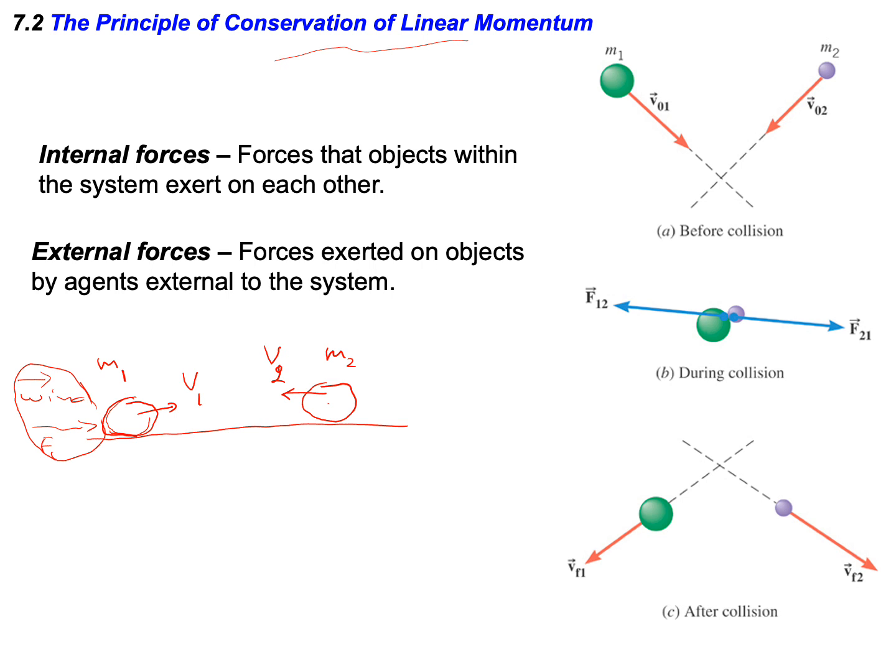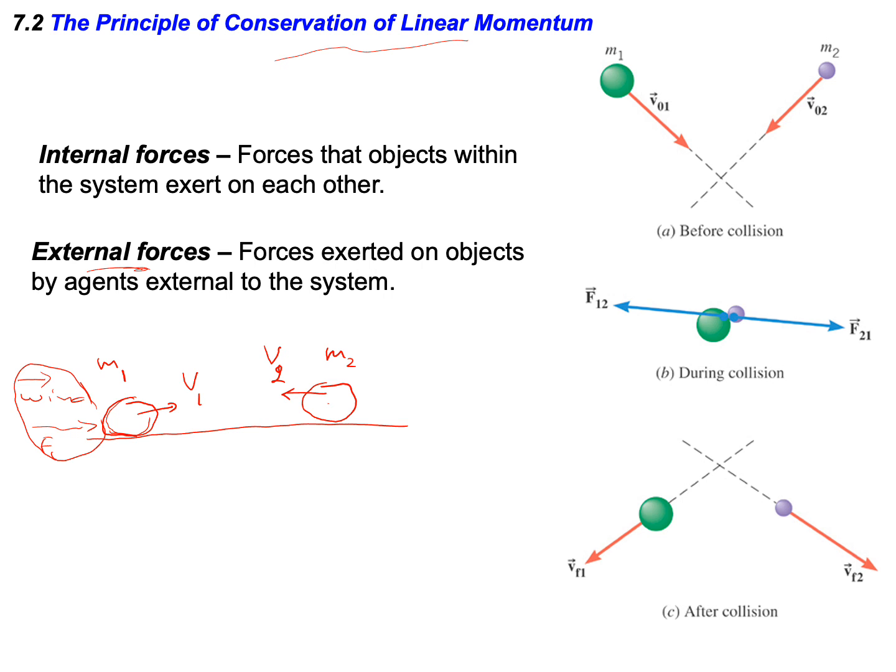Anything external, it can be wind, it can be resistance, it can be a force you apply onto one of these objects, every other thing external to this system, we call it an external force.